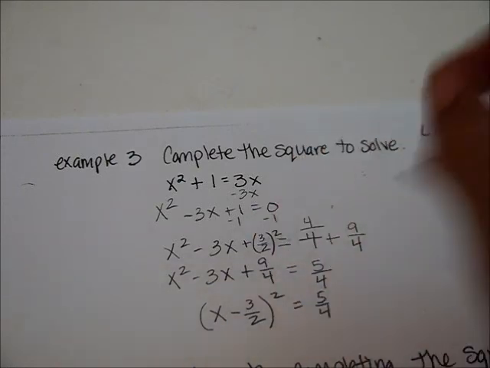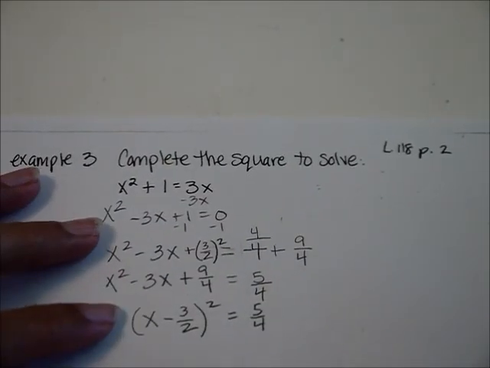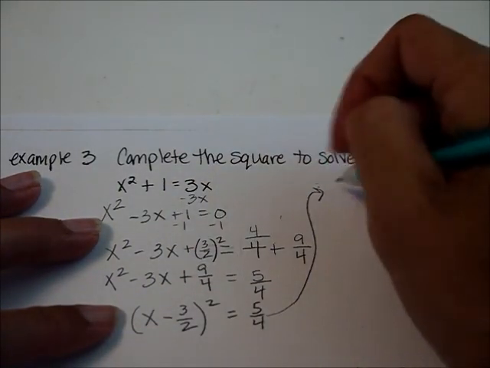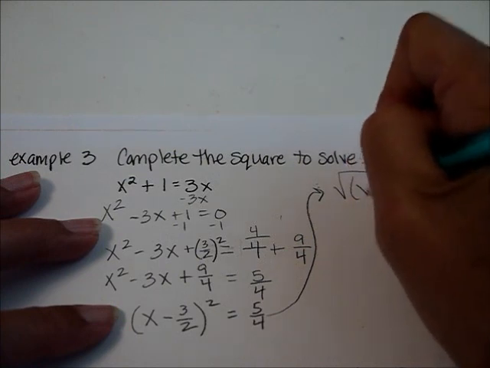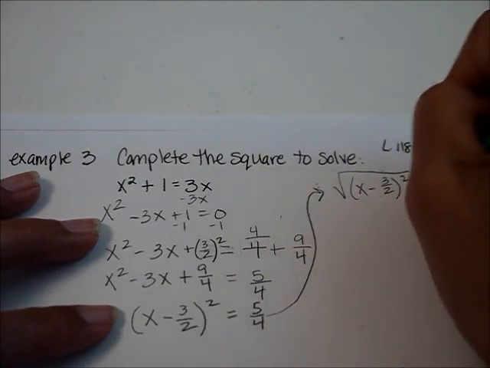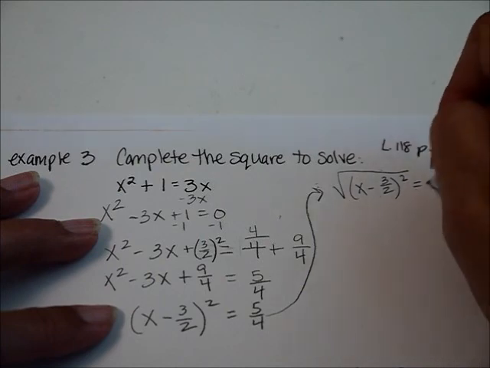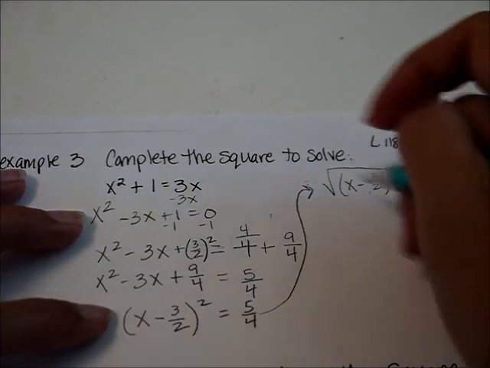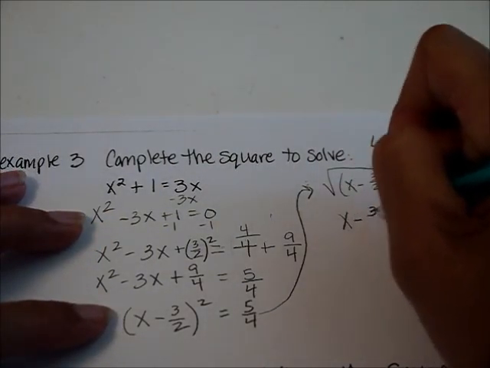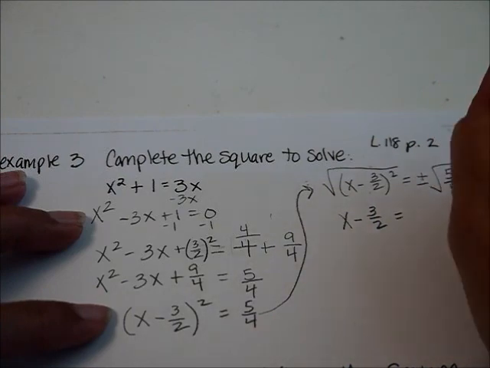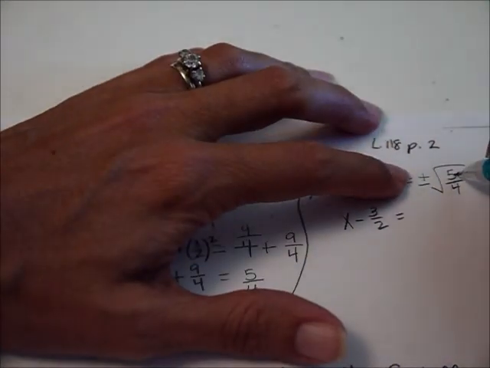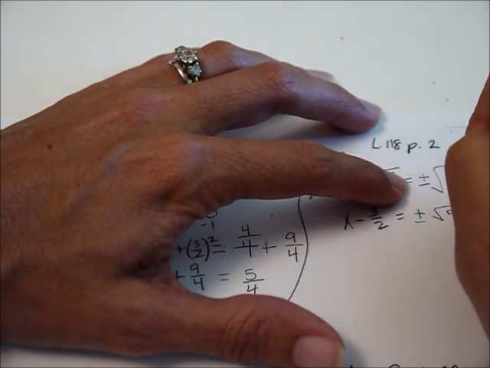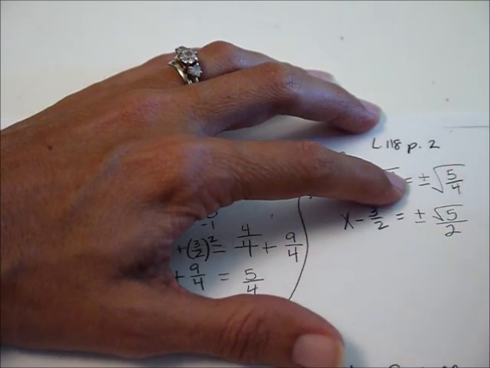All right. I'm going to take it up here where I have more room, and take the square root of everybody. All right, then that drops out. x minus 3/2 equals, now know that this is the square root of 5 over the square root of 4, which is plus or minus the square root of 5 over the square root of 4, which is 2.